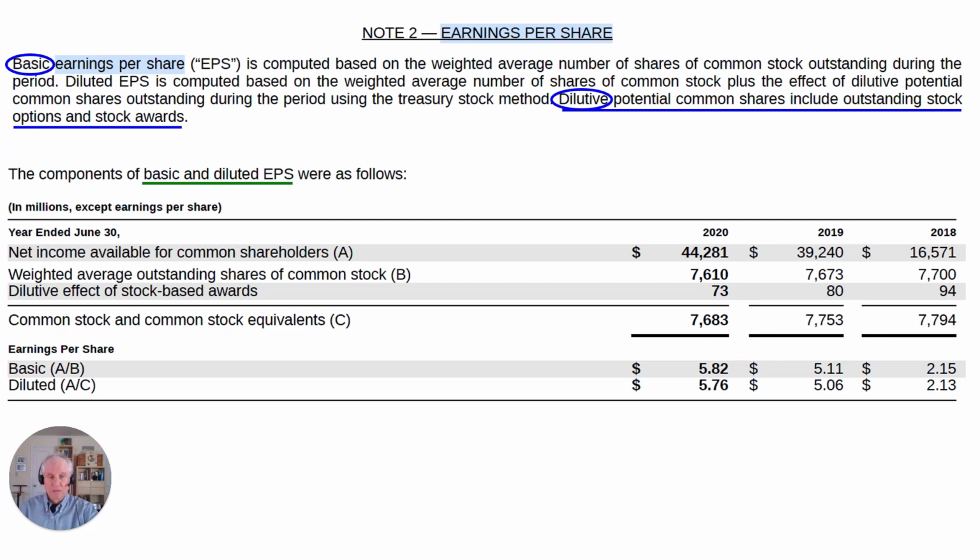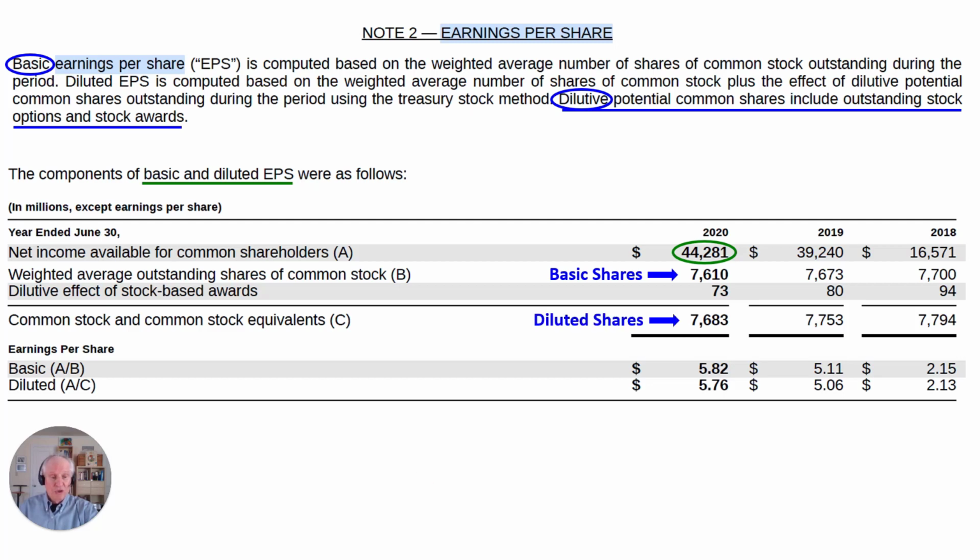So what we do, we look at the bottom line, net income, and we divide it by basic shares, and then we can increase that number by 73 million. So we showed 44,281,000,000 divided by 7,610,000,000 shares to get basic.